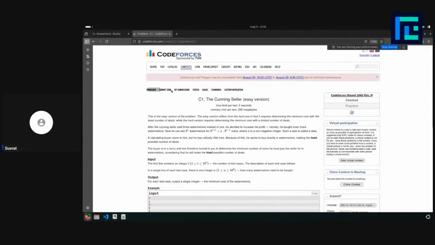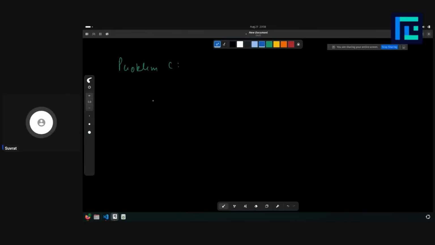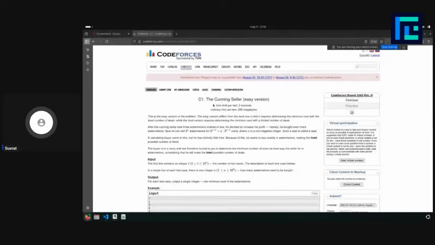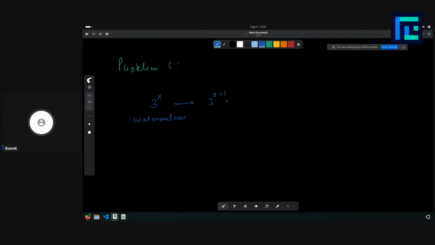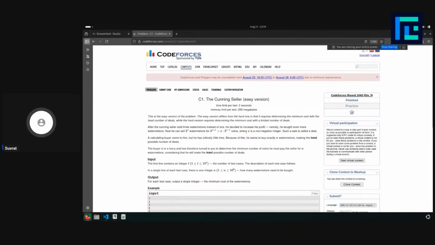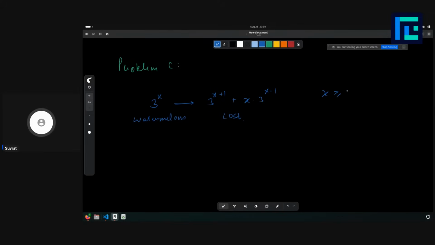So, problem C. Basically, there is a shopkeeper who sells 3 to the power x watermelons for a cost of 3 to the power x plus 1 plus x times 3 to the power x minus 1, where x is a non-negative integer, so x is greater than or equal to 0.